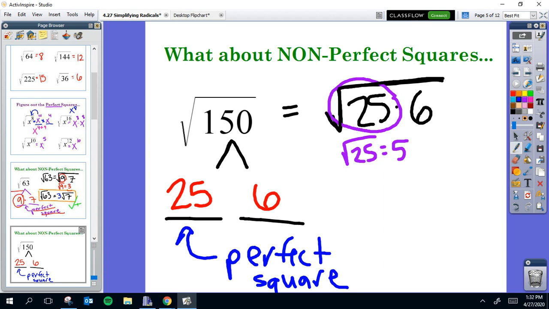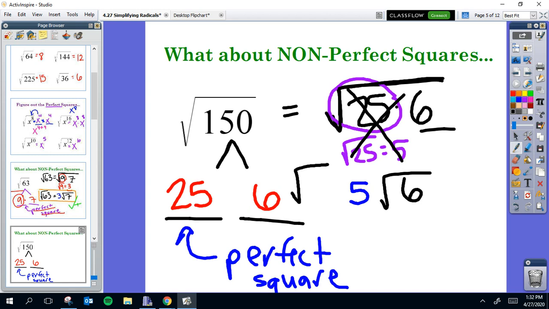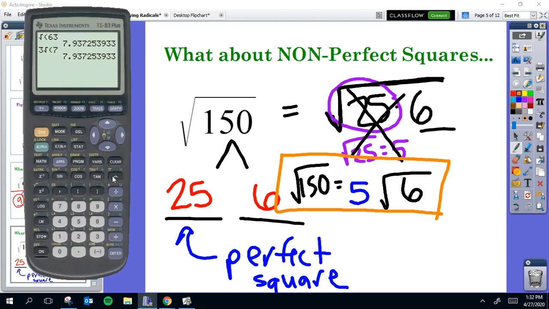I can pull it out with a 5 on the outside. And the only thing remaining, since these essentially cancel, is the 6 right here. I keep it under the radical, and my final answer is going to be the square root of 150 equals 5 times the square root of 6. If I'm ever confused, because this is a new lesson, I can just double check on my calculator.